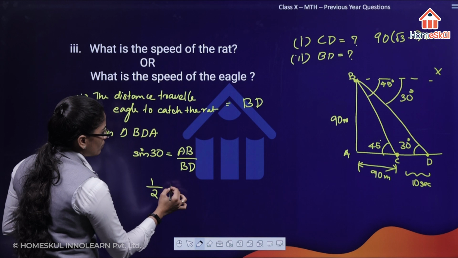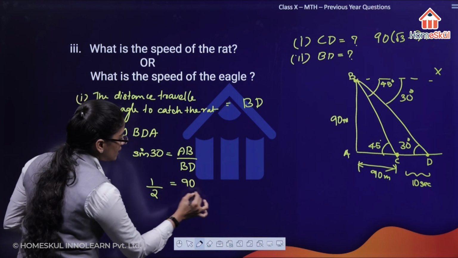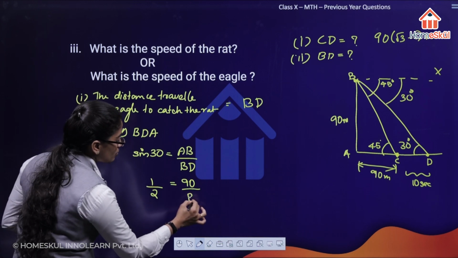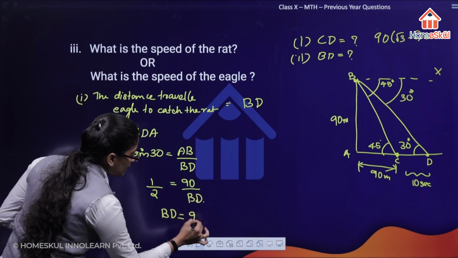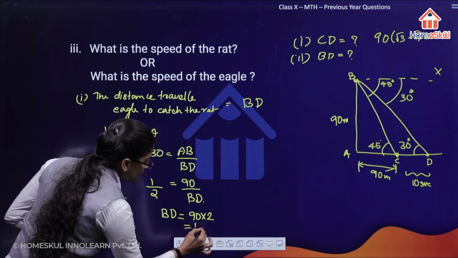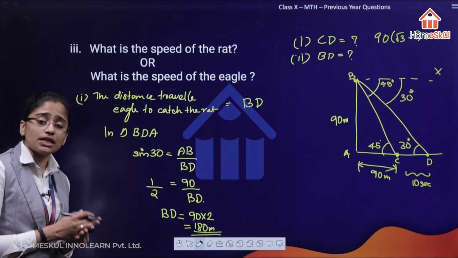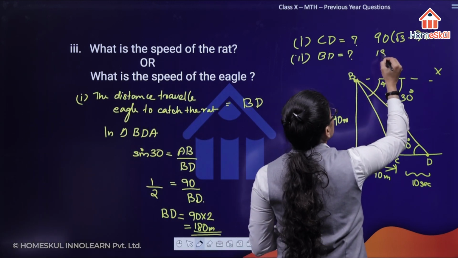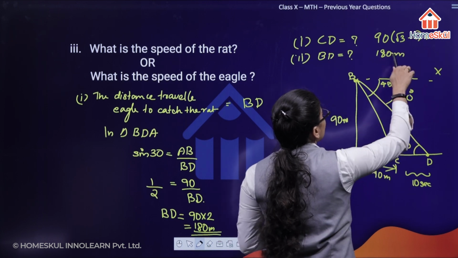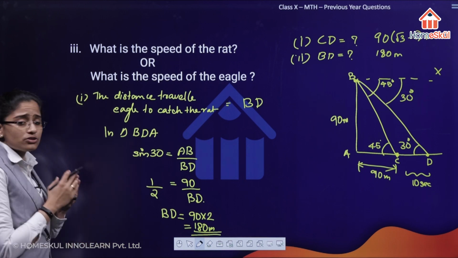So 1 by 2 is equal to AB, which is 90, divided by BD. That is what we need to find out. On cross multiplication, we get BD is equal to 90 into 2, which is 180 meter. That means the distance traveled by the eagle to catch the rat is 180 meter. Okay, units are very important. So we are done with the first two sub questions.